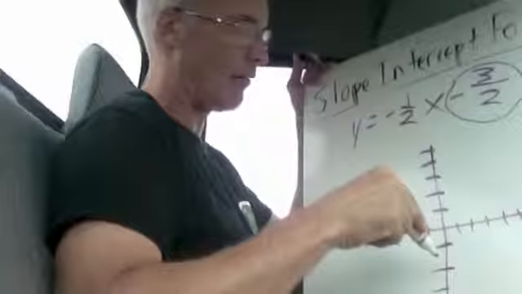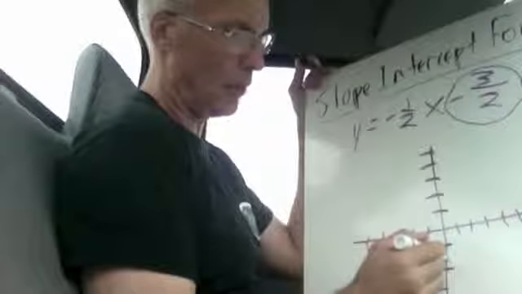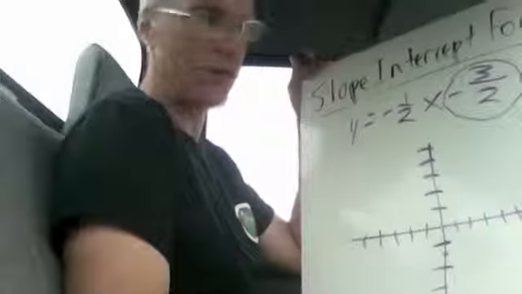First, we're always going to start with the y-intercept. We know the one place that it crosses this graph is on the y-axis at -3/2. So I just go down to that point and I put a little dot. That's the one place I know the line is going to cross.